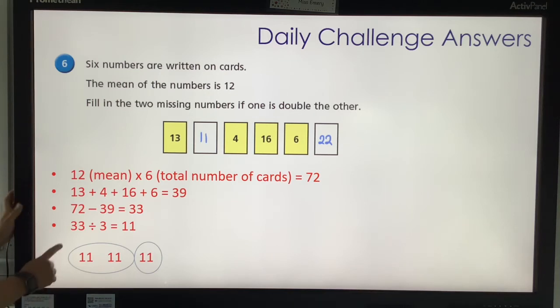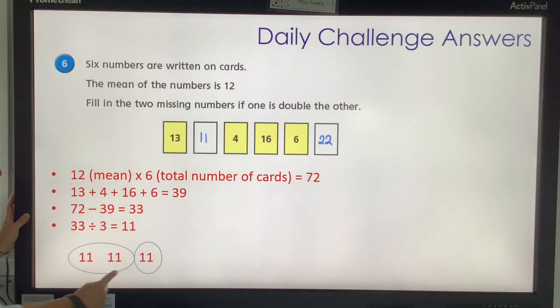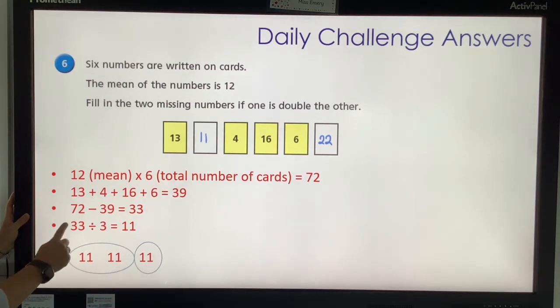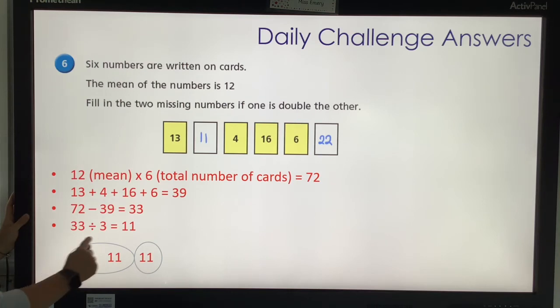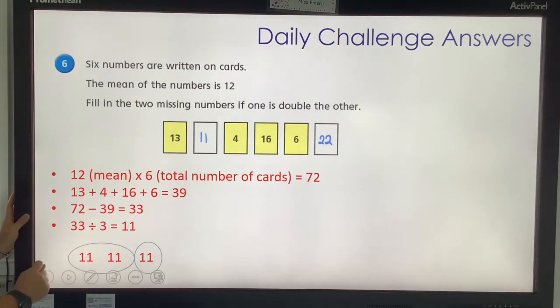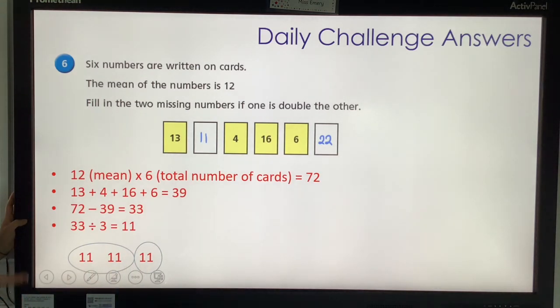Because if you split your number into 3 parts, you can then give 2 parts to one and 1 part to the other, which allows you to have double of that. So I know that 33 can be divided by 3 to make my 3 parts, and then those 2 parts is one number, and that part is my other number. And 22 is double 11. So that's that one. Well done if you got that right.